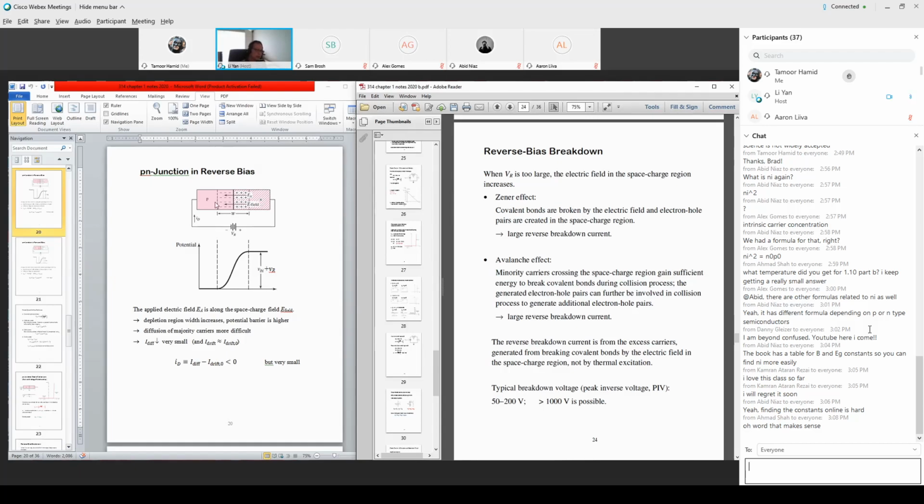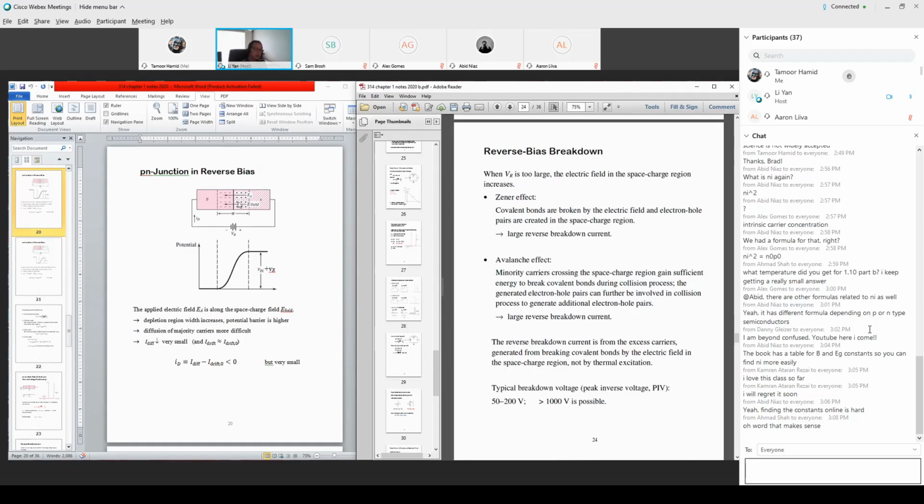When they are swept, they are accelerated by the field. As minority carriers cross this space charge region, they gain energy from the applied electric field, and then they start to collide with the atoms in this region. When they collide, they bump on the covalent bonds.